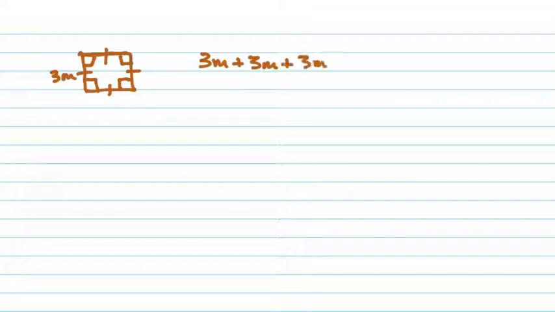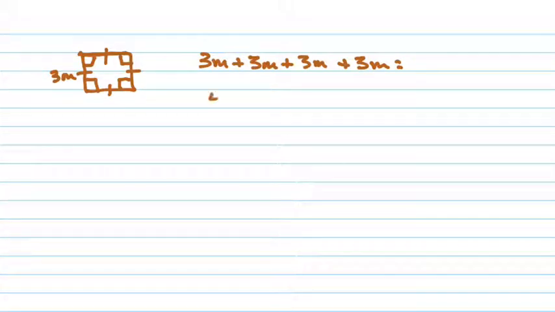Okay, so what if we had this shape? I'm going to put the little 90-degree angle marks in each corner, because my drawing doesn't really look so square, does it? Or I could just do this. What does it mean if I do the little lines on the side? They're all the same. So if I say that this is 3 meters, then you could either do 3 meters plus 3 meters plus 3 meters plus 3 meters, but what is the operation that literally means repeated addition?